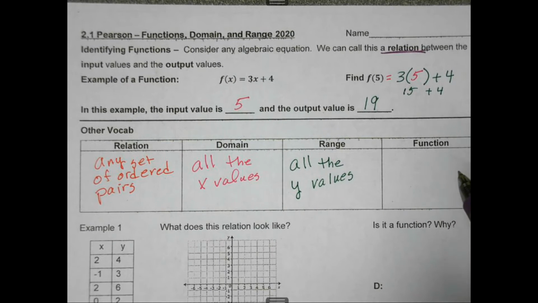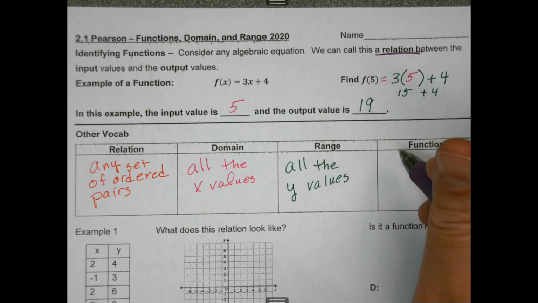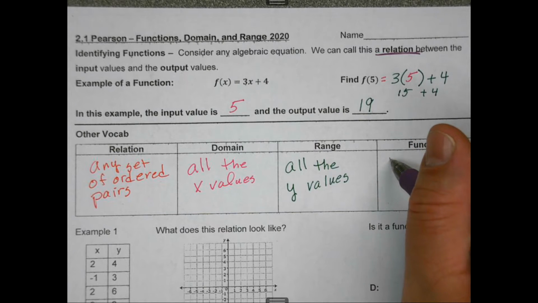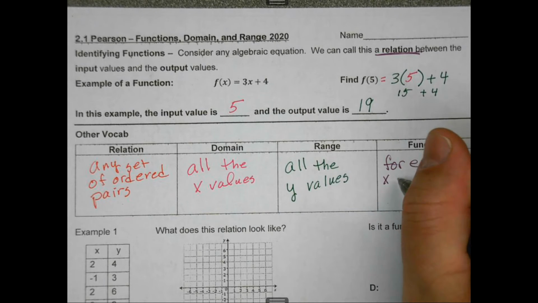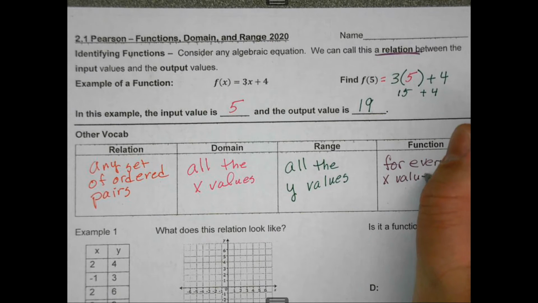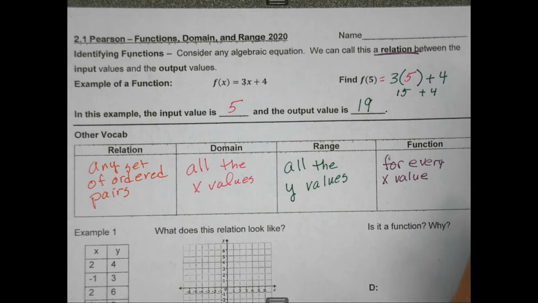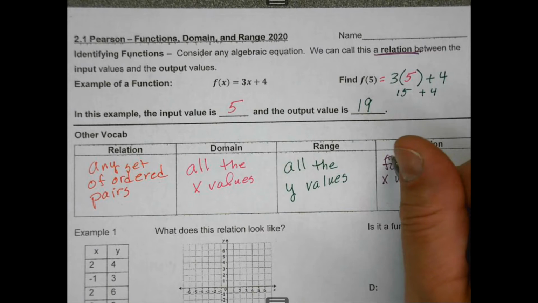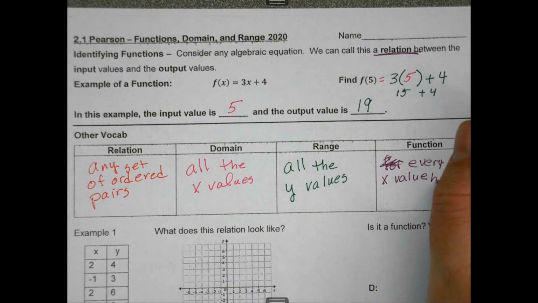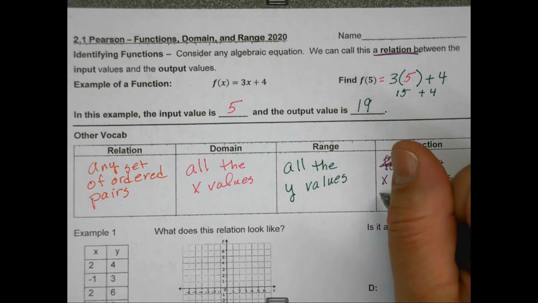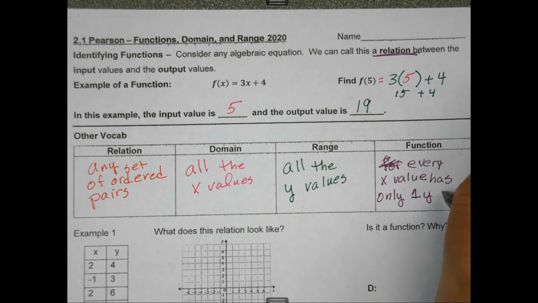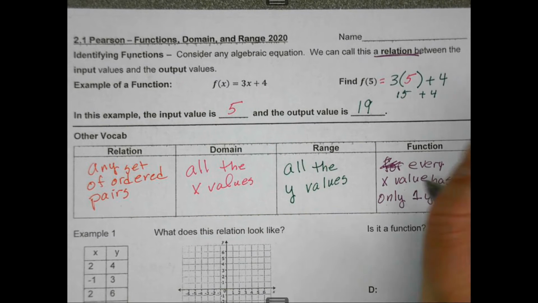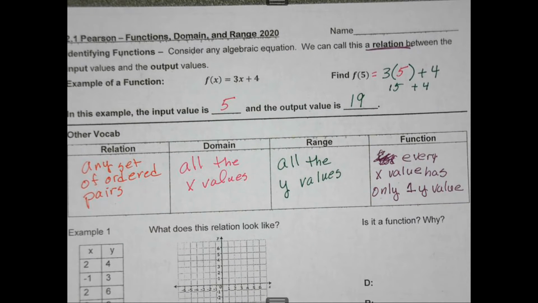So in our English terms, for every x value, let's just say every x value has only one y value. Try to make it as easy as we can for us.